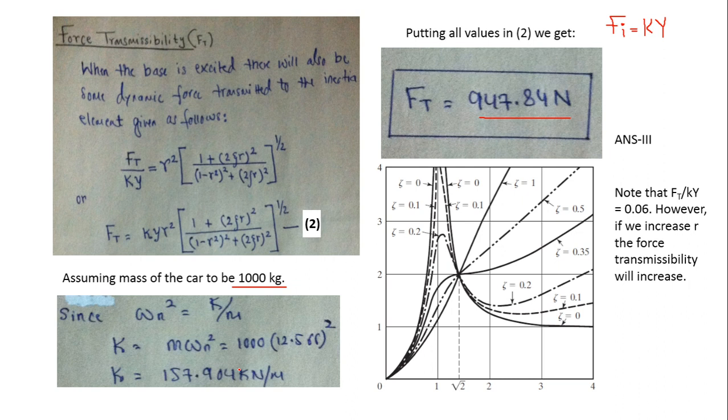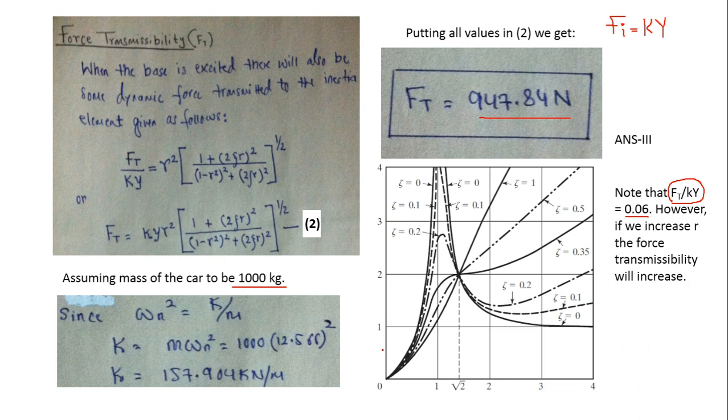Because there was some damping involved, some stiffness was there, and 947.84 newton was transmitted. So this means that the ratio of FT upon kY is 0.06, so it is a very small value.